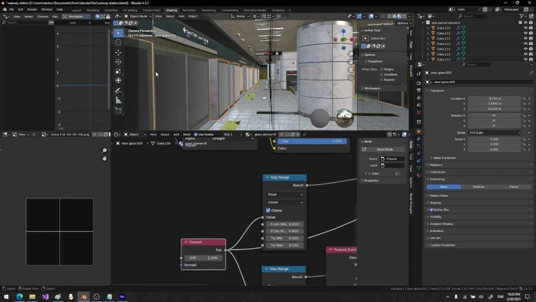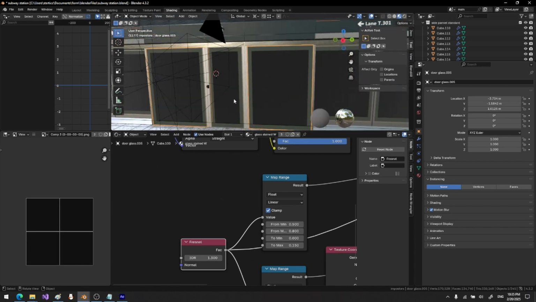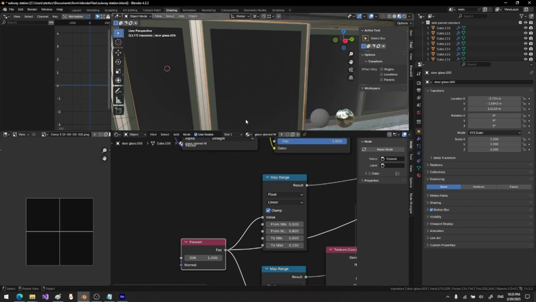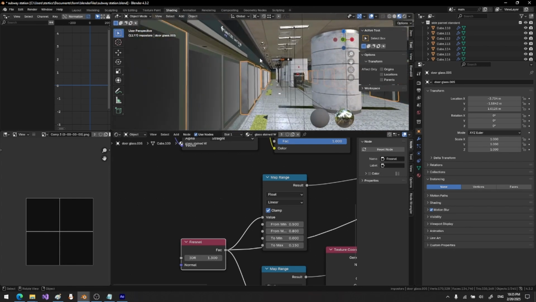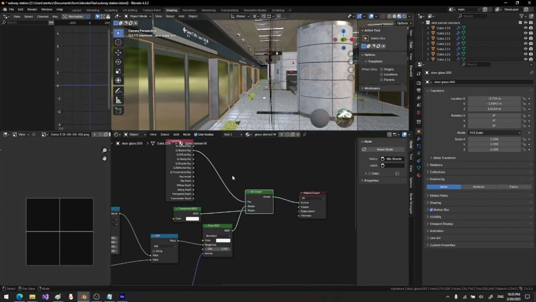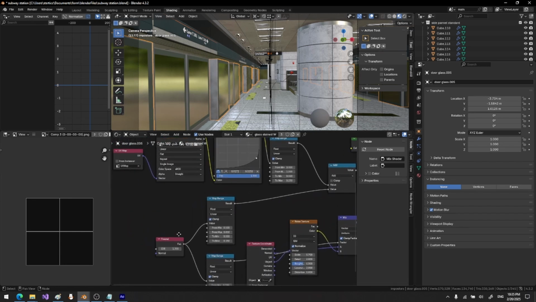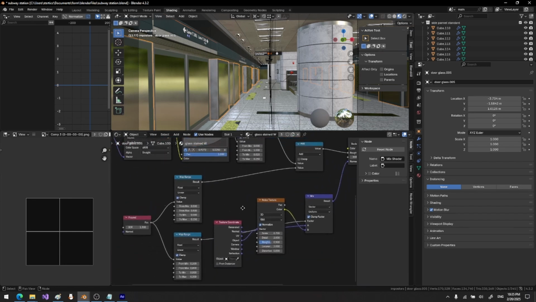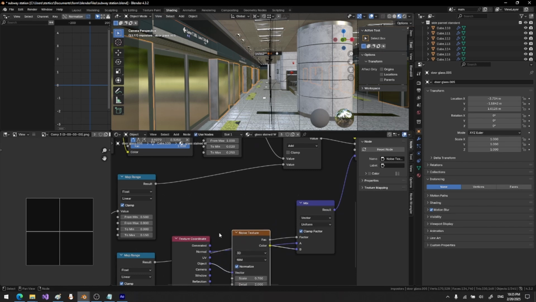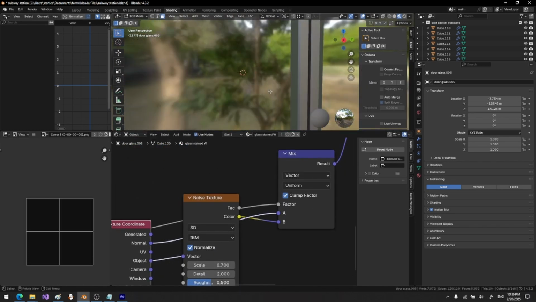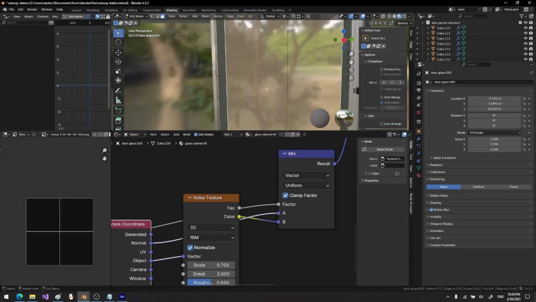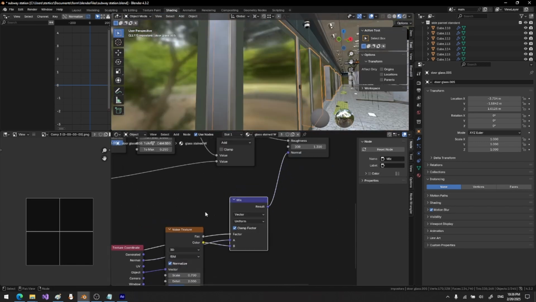As you can see, like over here, where the imperfection should be low, the factor that the Fresnel node outputs is pretty low. However, over here, it's pretty high, which is exactly what we want surface normal imperfections intensity to be. So what I did for my material over here is get a noise texture and get the normals from the original model or the original mesh, which are just the default normals, and mix those vectors together.